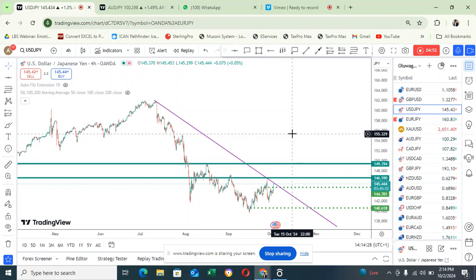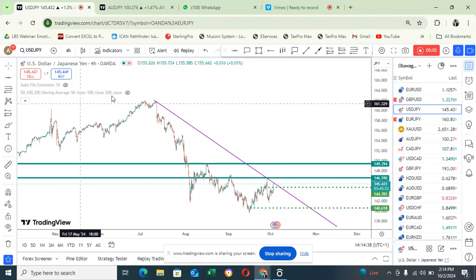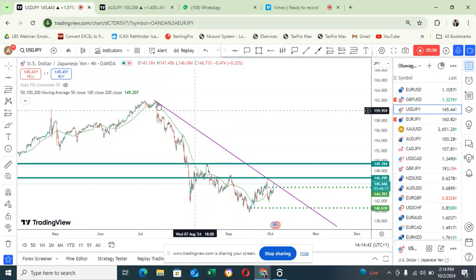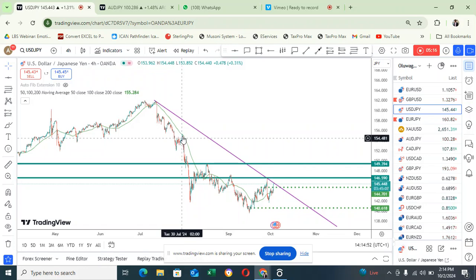So going down from the 4 hour to the lower time frame, you can see the trend here. It was on a downward trend. Let's use the 50 MA to understand it clearly. From the 50 MA, we can see that the movement was right from here, sloping down.